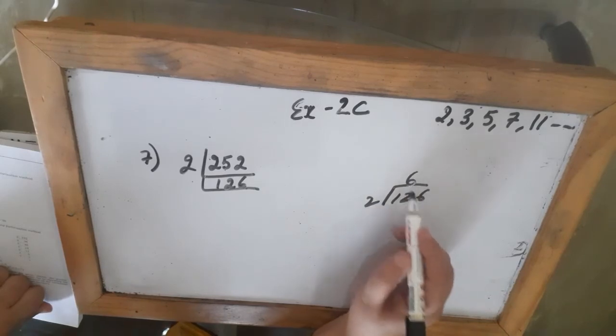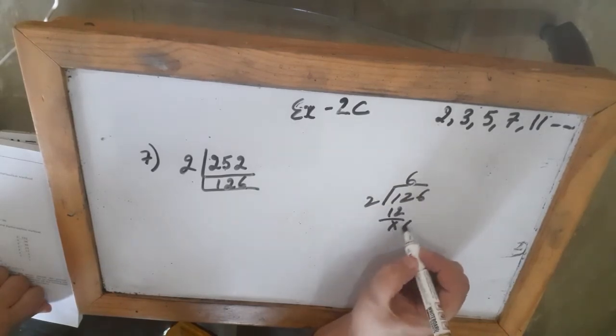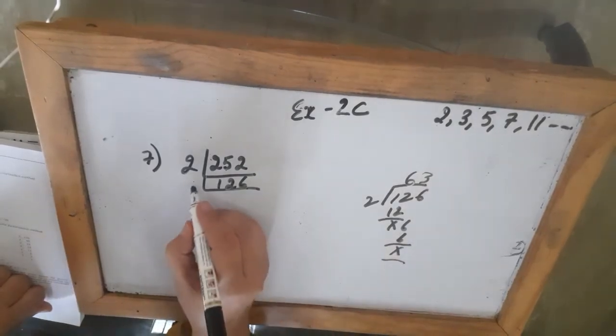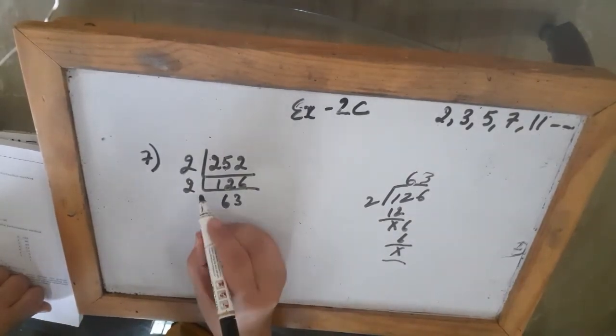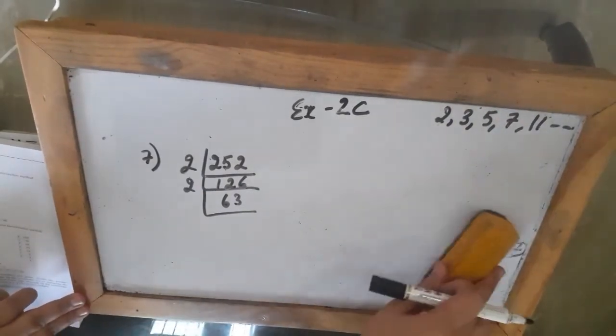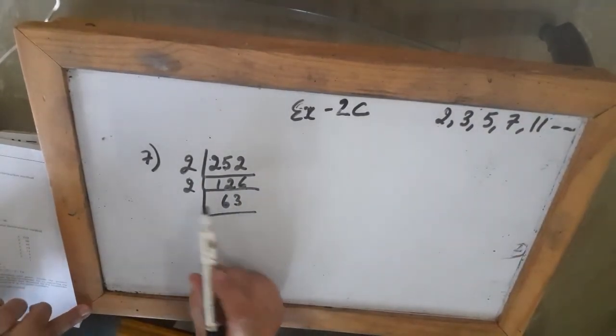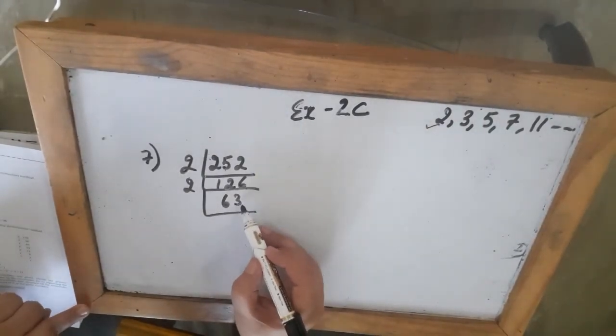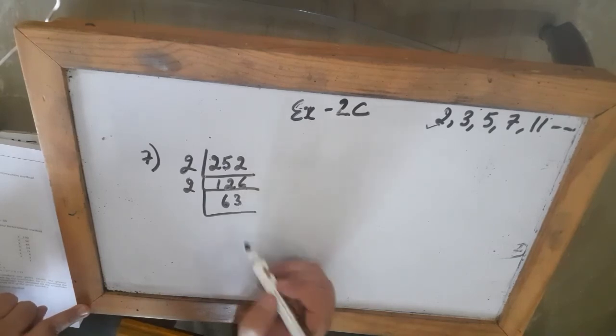So 2 6s are 12 and 2 3s are 6. Okay, so 2 63s is 126. Now 63, I cannot divide 63 with 2 because it is an odd number. Like 3 is there at the end, so this becomes an odd number, so it's not a multiple of 2. I cannot divide this with 2.